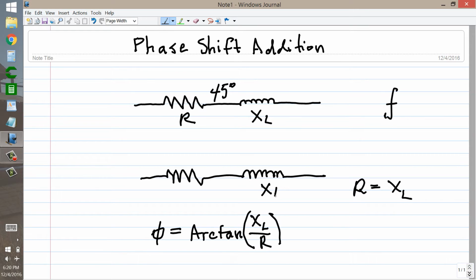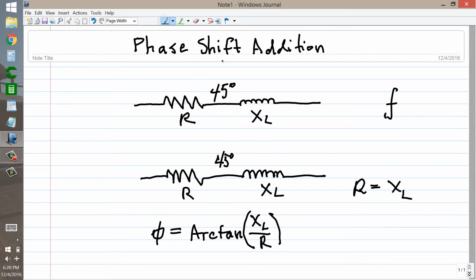Same inductive reactance, same resistance, same 45 degree phase shift. If we send a signal through this circuit, we get a phase shift of 45 degrees. If we send it through this circuit, we also get a phase shift of 45 degrees because the circuits are identical.